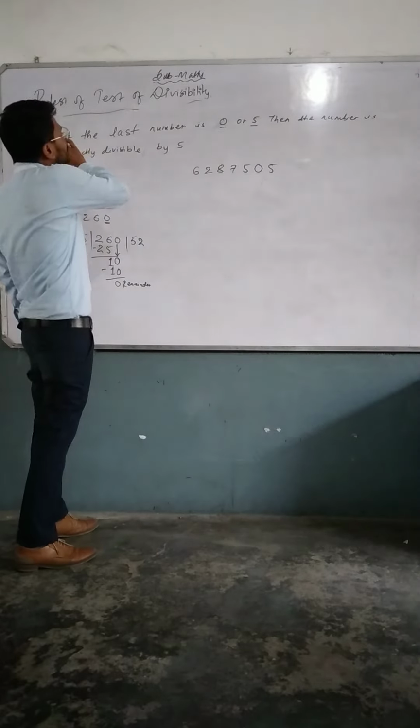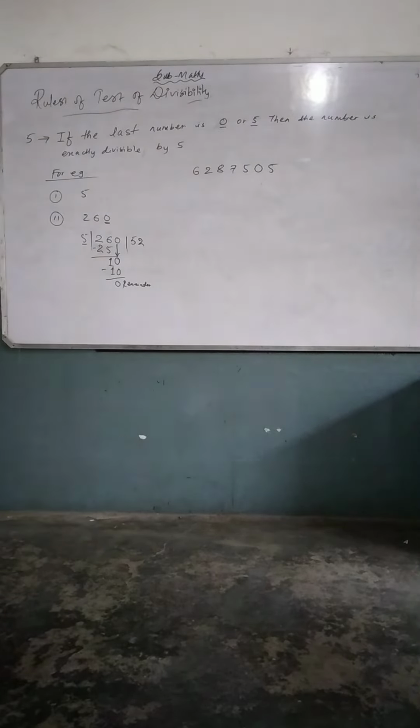Now, this is the number. You have to follow the rules only. What is our rule? Let me ask Isna. Speak loudly. What is the rule? Which number do you have to see? 0 and 5. But where must it be? Last. Very good.